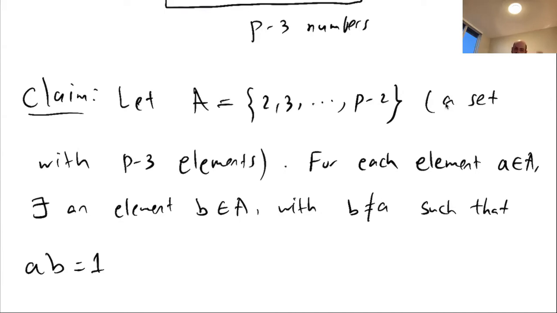So every element in A is going to be paired up with another element in A such that their product is 1. Once this claim is proved, we have our Wilson's theorem.